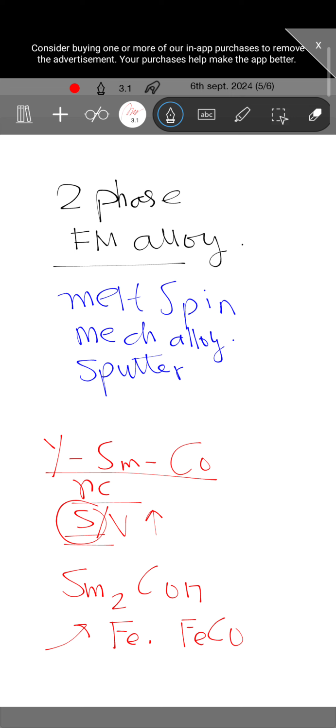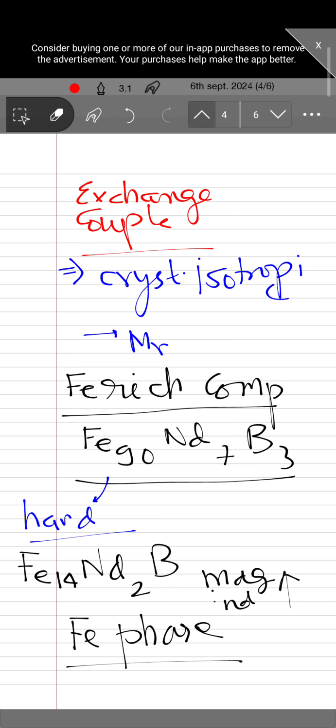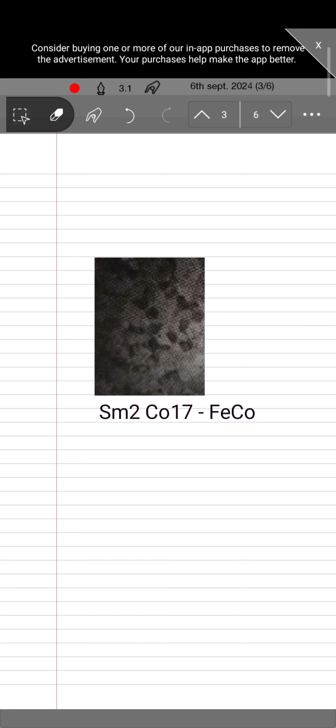Iron and iron-cobalt are considered to be soft magnets, while this one is considered to be a hard magnet. When this nanocomposite is formed, it looks something like the one given here.